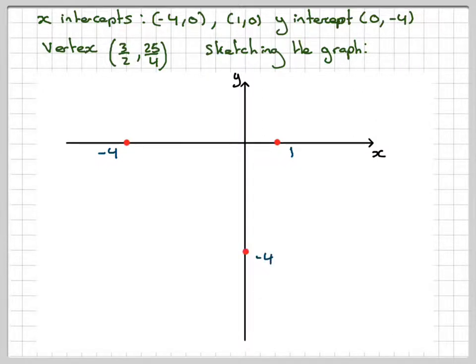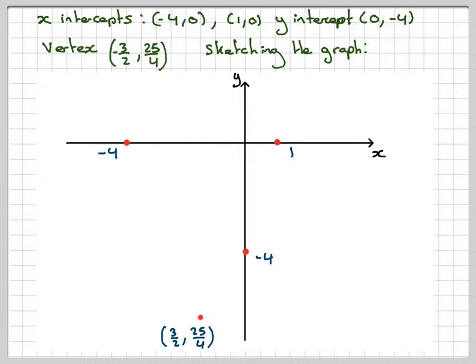And then mark on the vertex. So the vertex is minus 3 over 2. So find minus 3 over 2, which is somewhere around here, and it needs to go somewhere down here, so the thing looks symmetrical. Now all you've got to do is draw the curve with a nice smooth curve going through all the points.